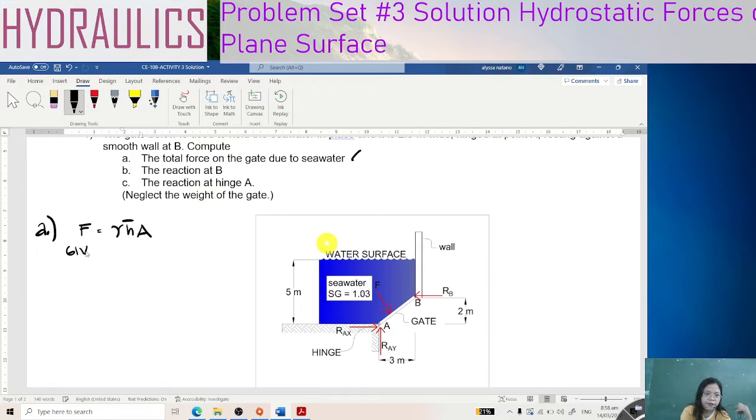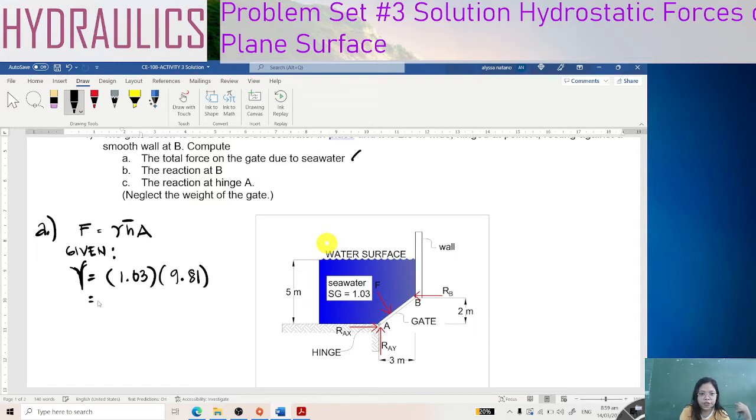So, given, we have unit weight. What is the liquid that is given in the problem? The liquid is seawater. So, therefore, kailangan natin hanapin ang unit weight niya using the formula of specific gravity multiplied by the unit weight of water. So, Sg by 9.81.